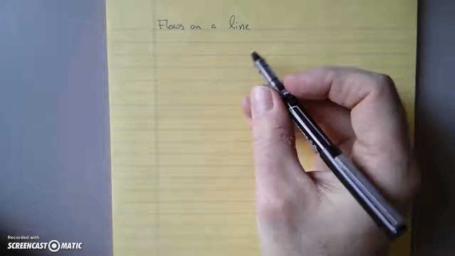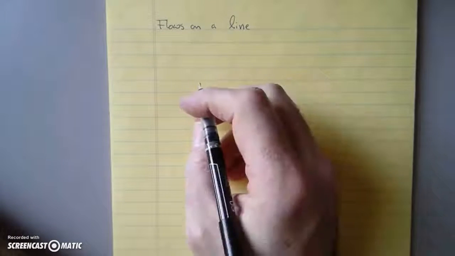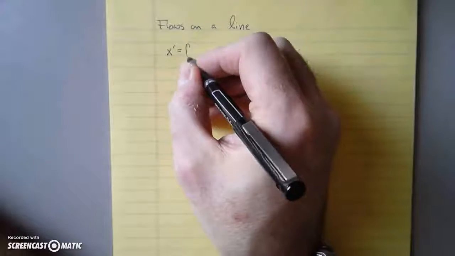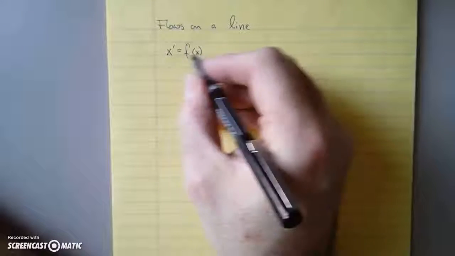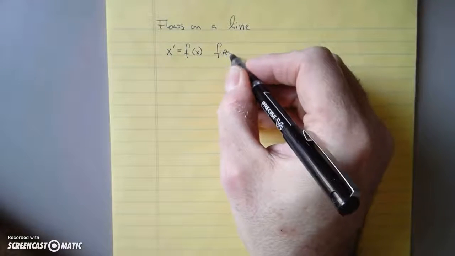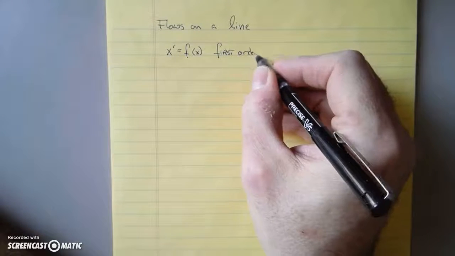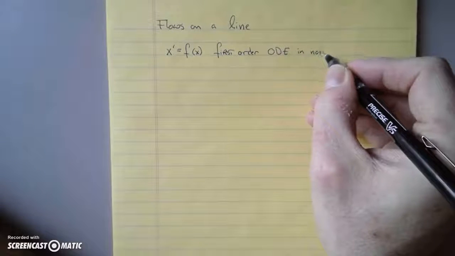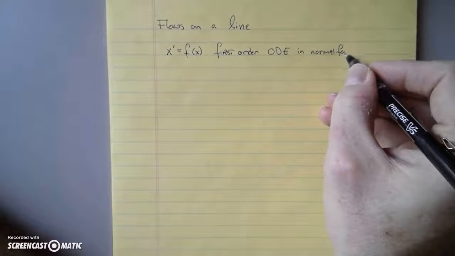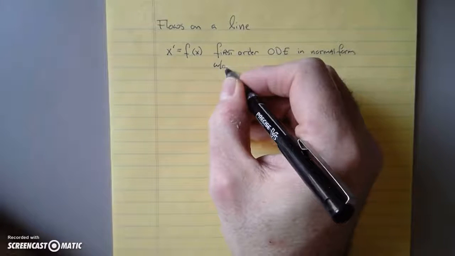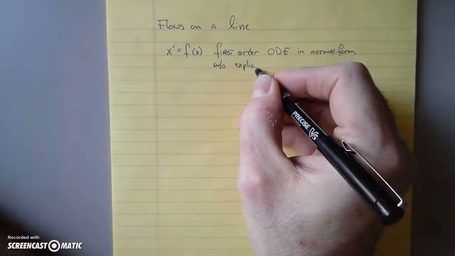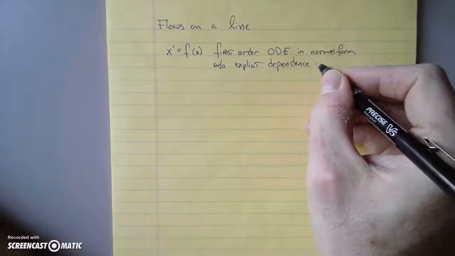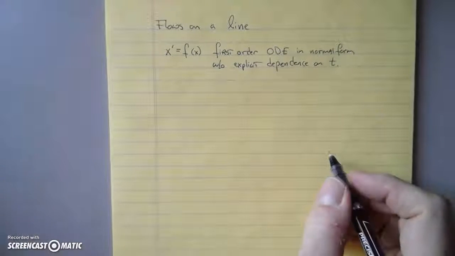Okay, so today we talked about flows on a line, and the idea is you have some differential equation, a first order ordinary differential equation in normal form, without any explicit dependence on t.